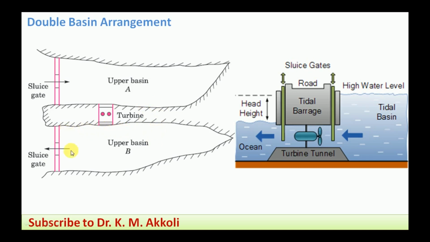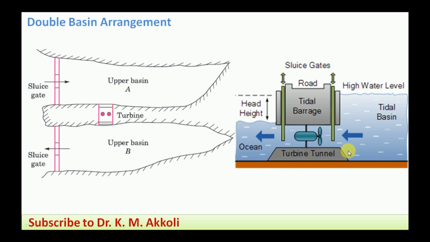When the head is not sufficient for the power generation, it will be set off again. The remaining water is also allowed to flow through the sluice gate back to the sea. Like this, by arranging the two basins, we are going to generate the power. Simultaneously, while filling the water into the basin, the power generation is also taking place. That is, by using the double basin, we can get more power generation.